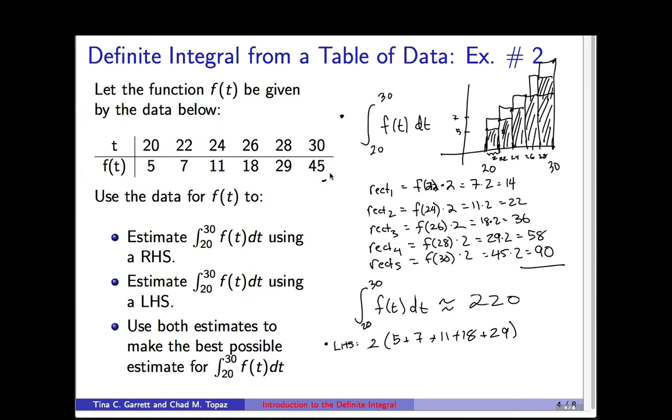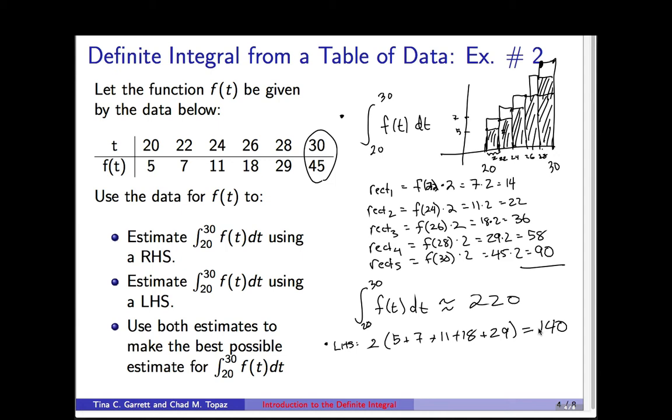We never actually use this last piece because we're really looking at the left-hand side and we're looking at the height of the function at t equals 28. So if you just do the shortcut instead of computing the area of each rectangle individually, this isn't too hard to figure out pretty quickly that the estimate for the left-hand sum would be 140.